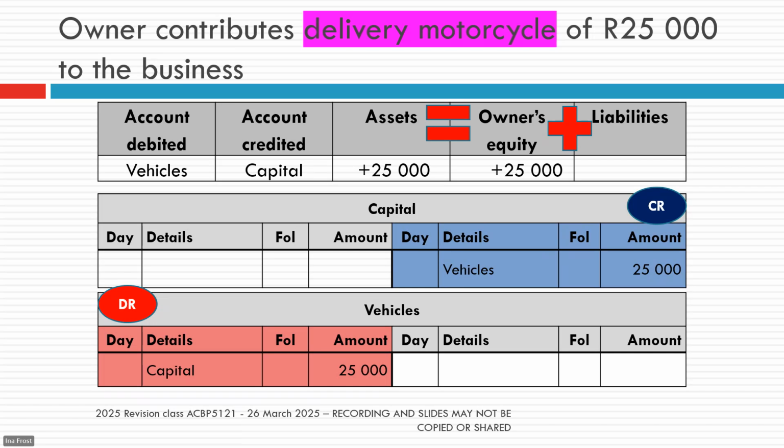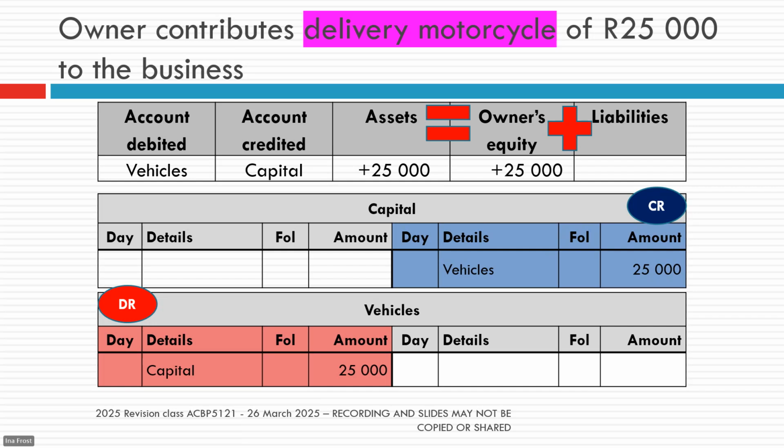For owner's equity also draw the little T there, and just remember what increases owner's equity is capital and income, so that is your pluses, and what decreases owner's equity is your drawings and expenses, so that is your minuses. And for liabilities also draw your little T account, and then credit is plus and debit is minus. So on your answer sheet, just write that above when you're answering this question, and it will make it so much easier for you to remember the impact.